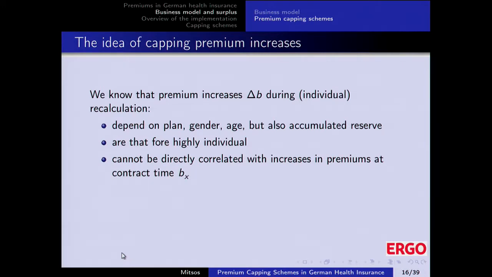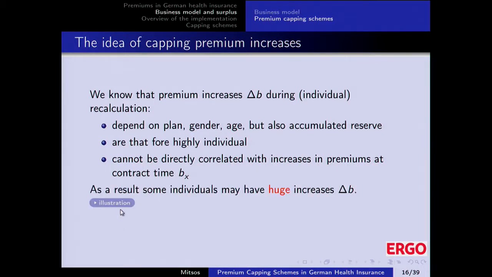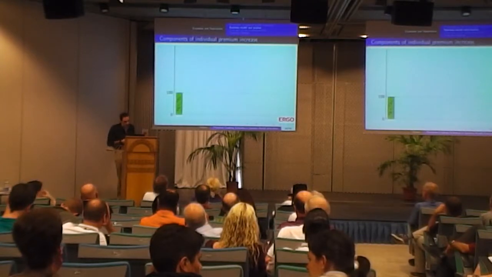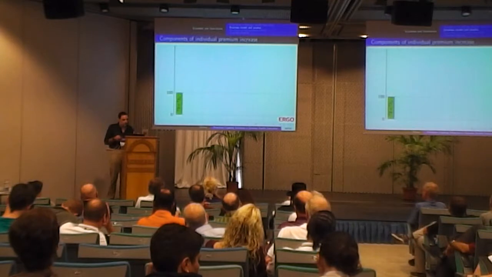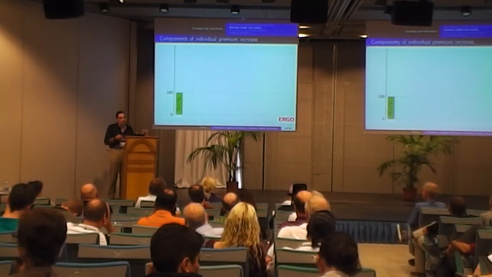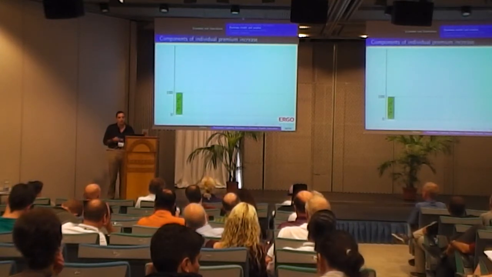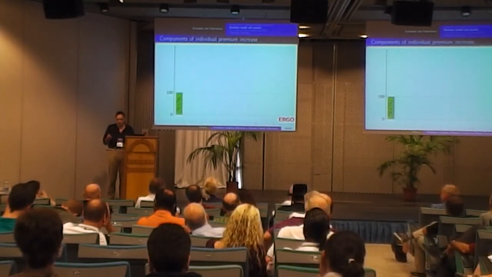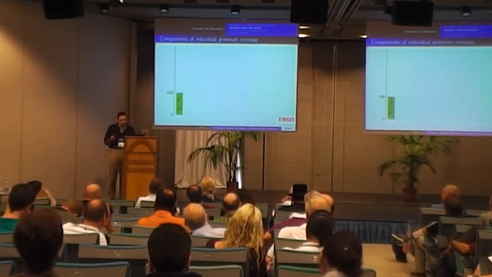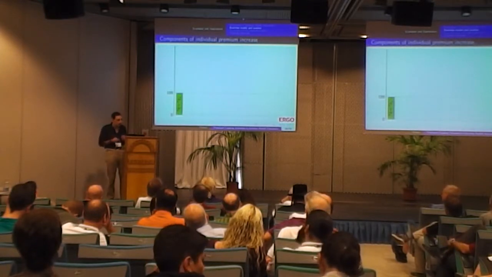And they cannot be directly correlated with increases in premiums at contract time. Let us see one example. This is an example that assumes that between original calculation and recalculation a long time elapsed, let us say 10 or 50 years.